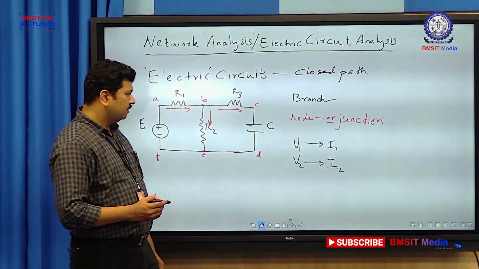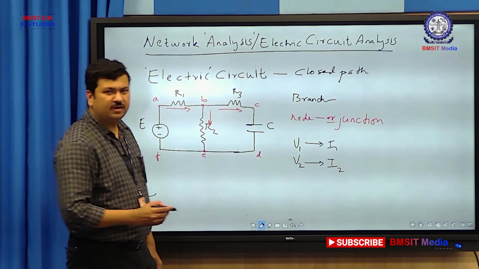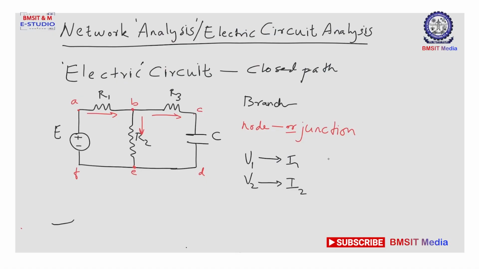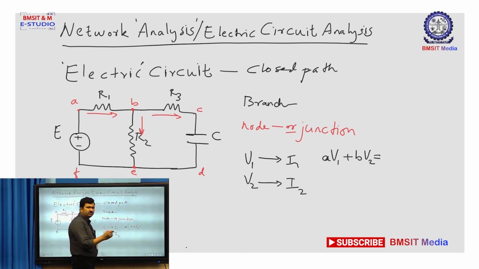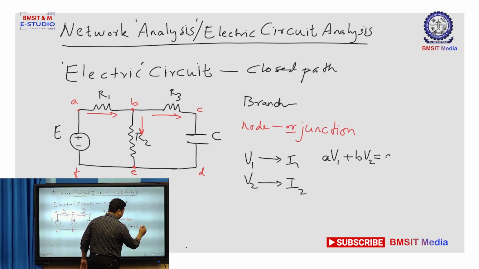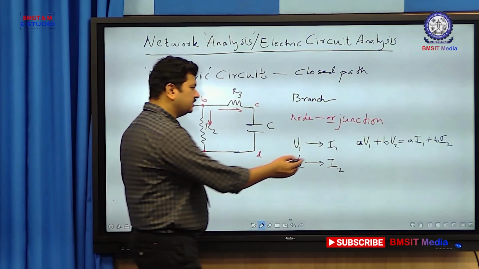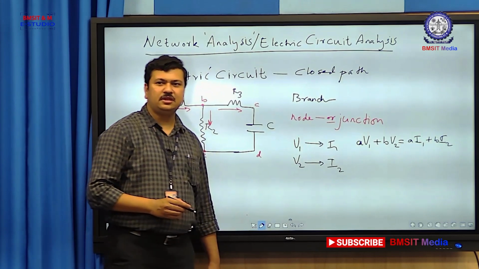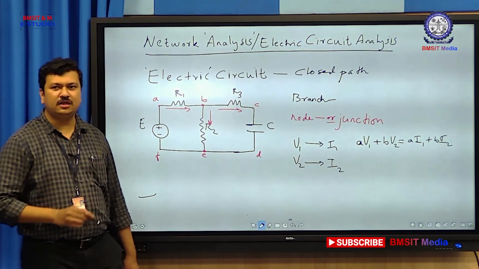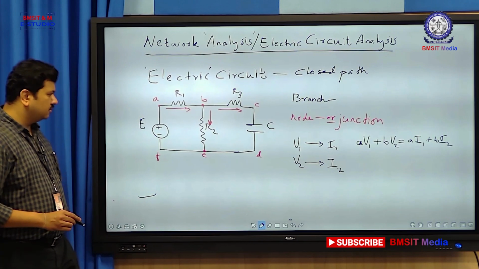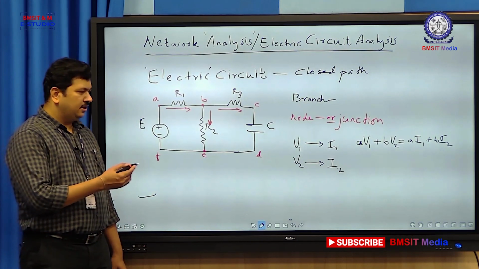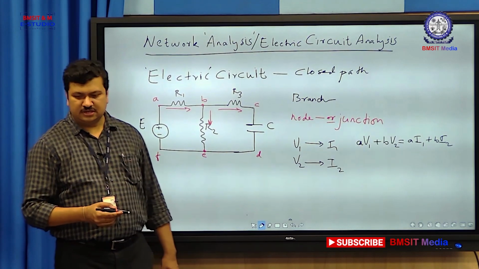Then when I give the weighted sum of voltages V1 and V2, say A V1 plus B V2, it should produce the output A I1 plus B I2. This is the superposition principle. If a circuit follows this principle, then that circuit is a linear circuit, else it is a non-linear circuit.